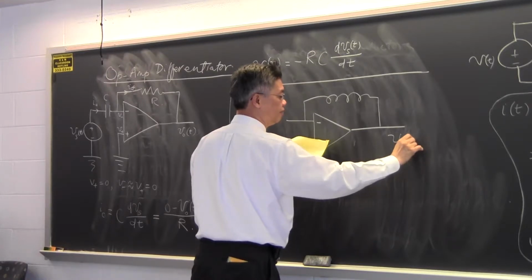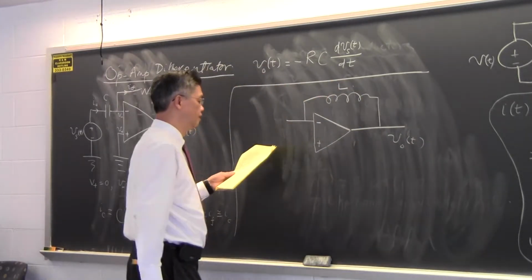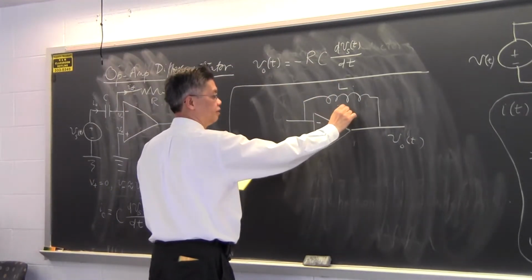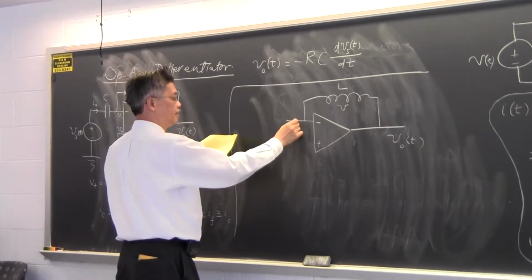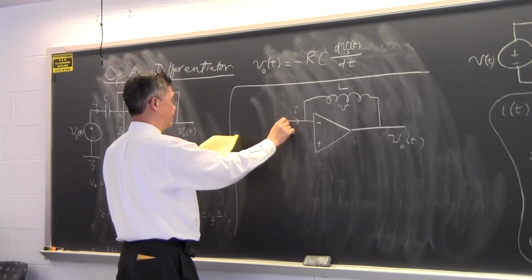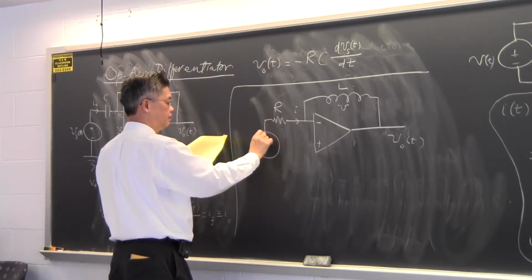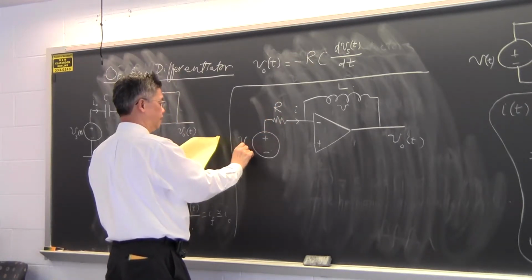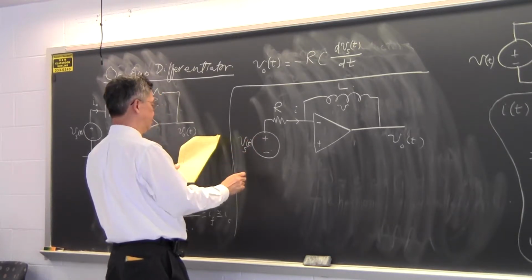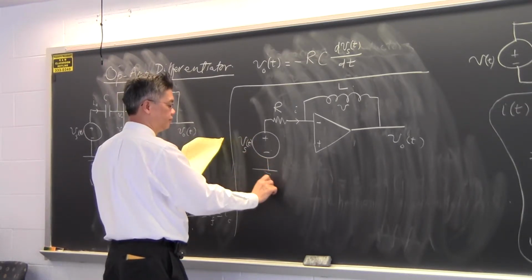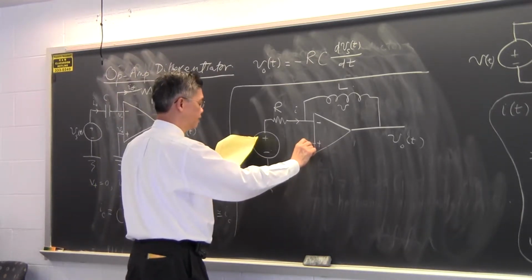And then we have Vout(t), and this is an L with the voltage drop across it, and then the current I that goes in that way, the source resistor that we call R, and then we have the source voltage Vs(t), and this is grounded, this is also grounded.